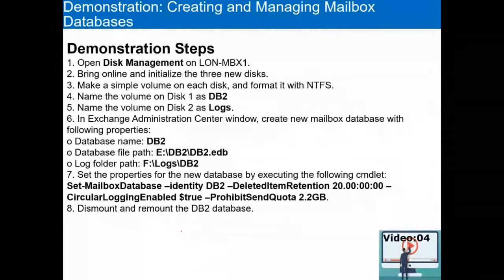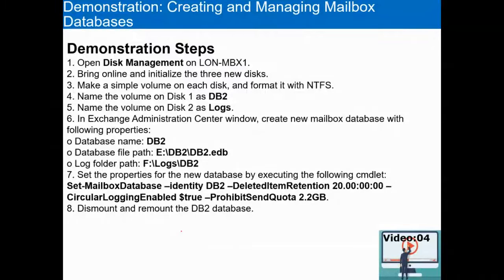Then set the properties for the new database by executing the following cmdlet: Set-MailboxDatabase -Identity DB2 with deleted item retention, circular logging enabled true, and prohibit send quota 2.2 GB. Then dismount and remount the DB2 database. So let's show how to do this.